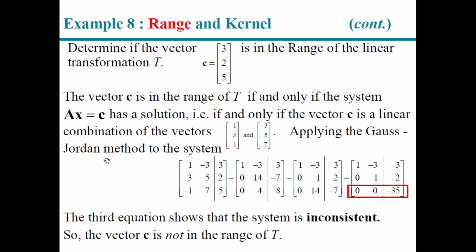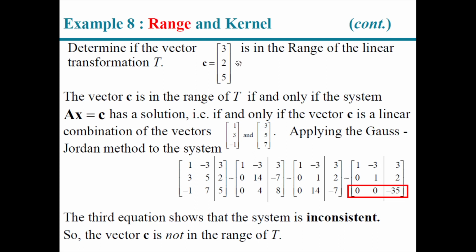How? Using Gauss-Jordan, obviously. We compute and we found that there is a contradiction in the system, which means this system does not have a solution, which means that the vector C is not a linear combination of the vectors given here, which means vector C does not belong to the span of these two vectors, which means that vector C does not belong to the range of the linear transformation T, or vector C does not belong to the column space of the matrix A. So it's all the same thing.